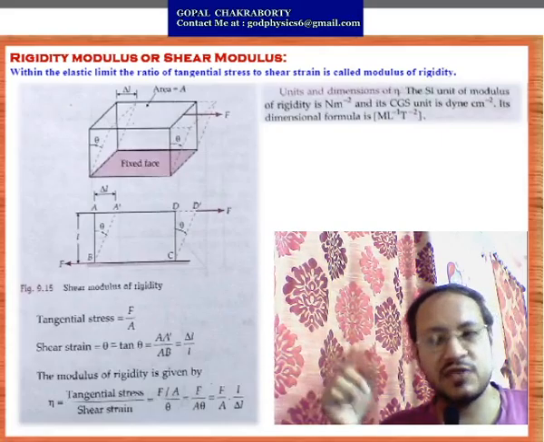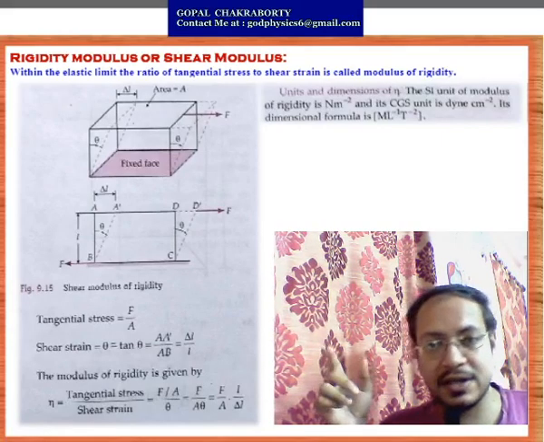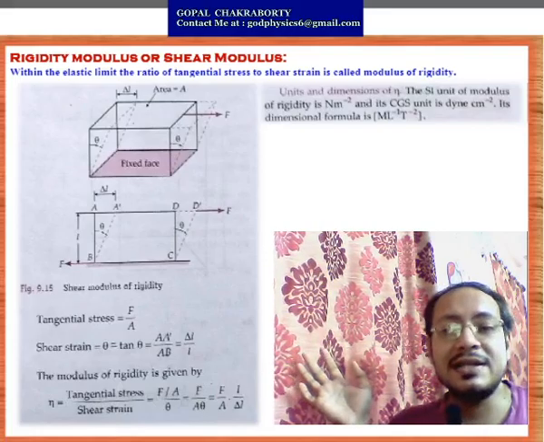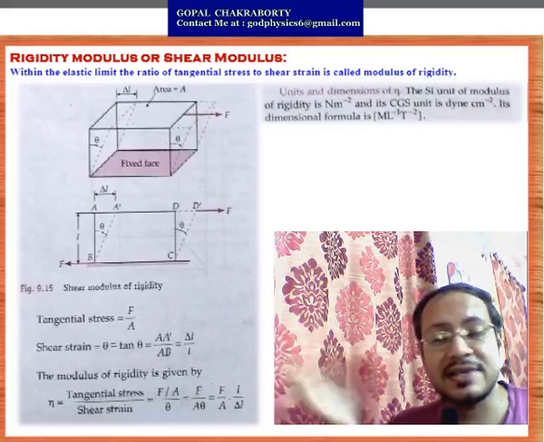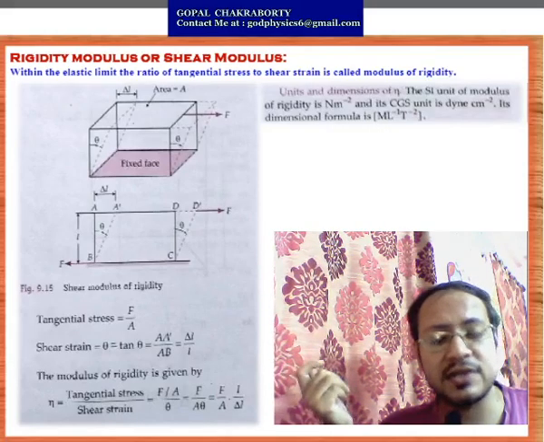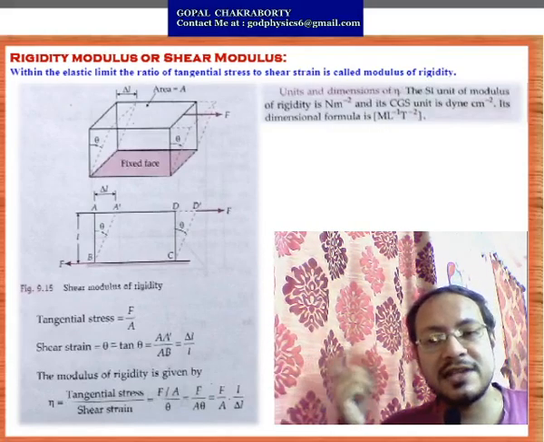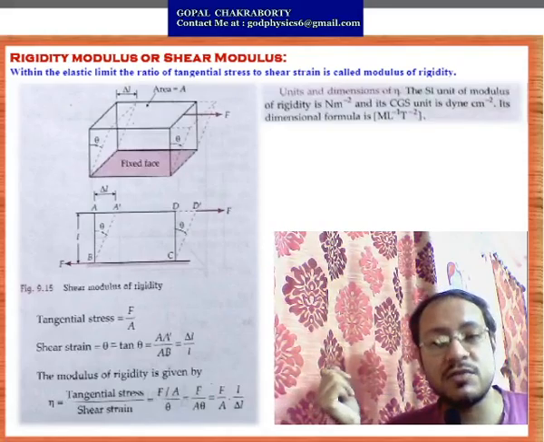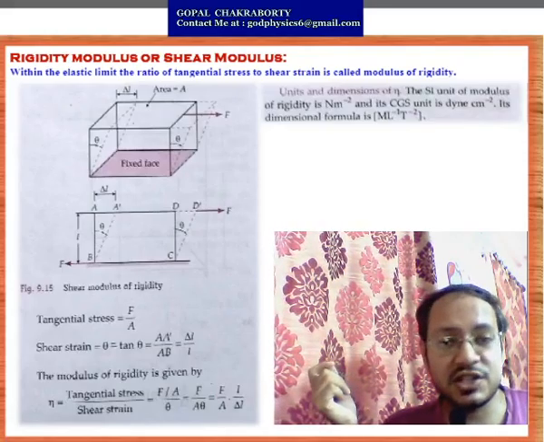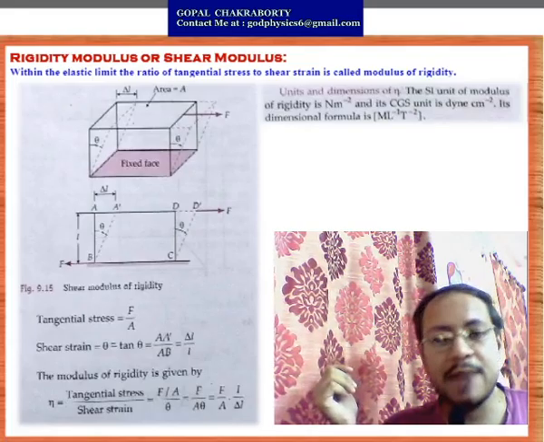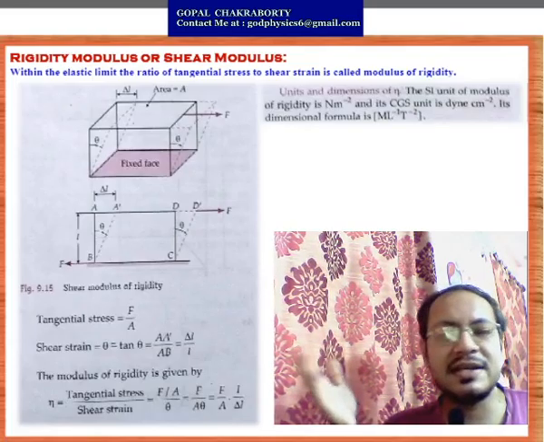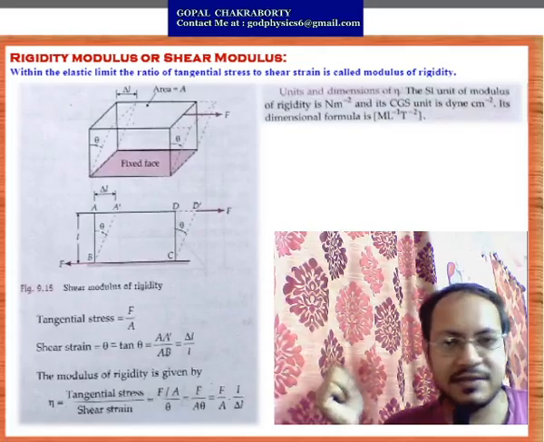If you change only the material, then it will change. As it is a ratio of stress to strain, and strain has no unit, the unit of rigidity modulus equals the unit of tangential stress. In SI it is Newton per meter square, or in CGS it is dyne per centimeter square.